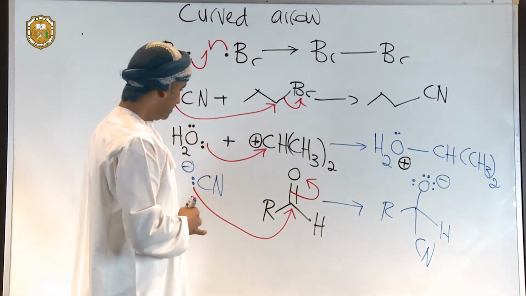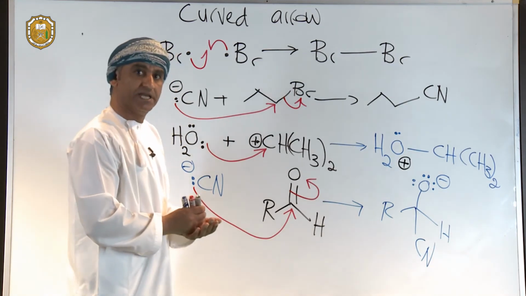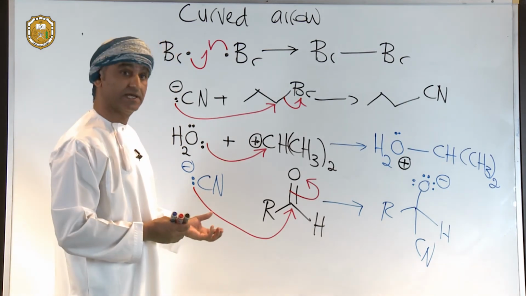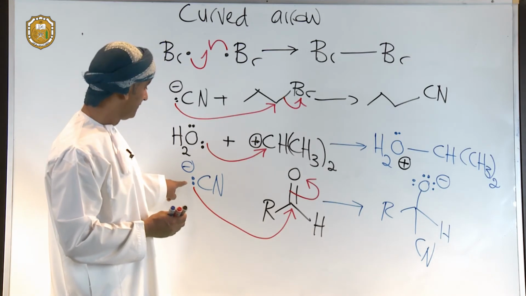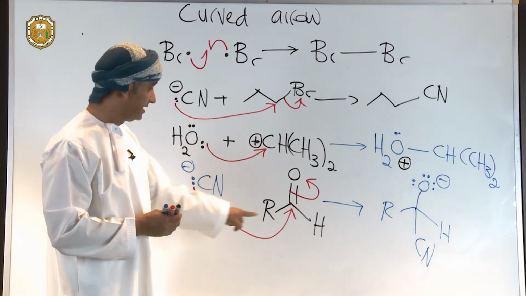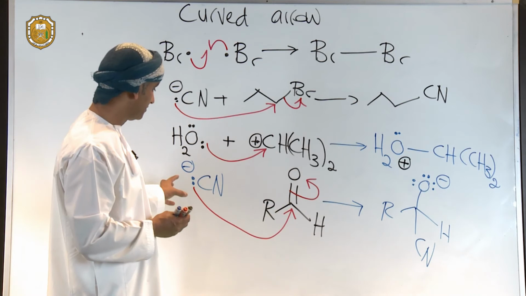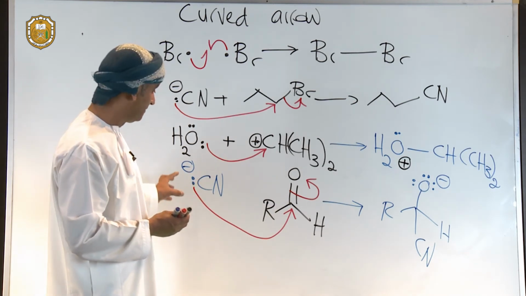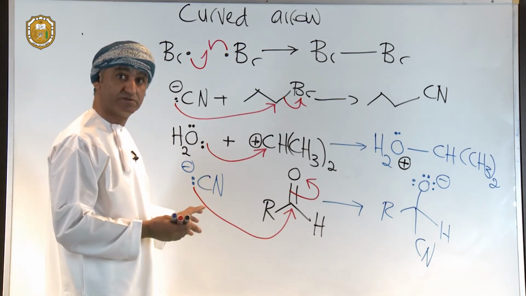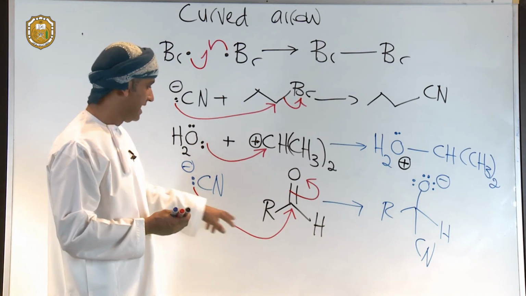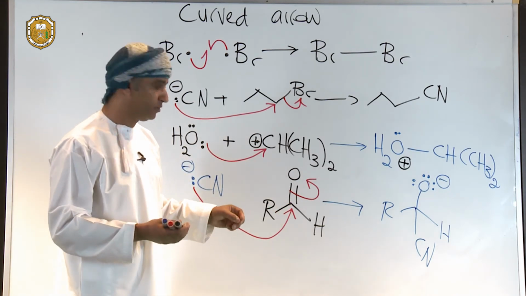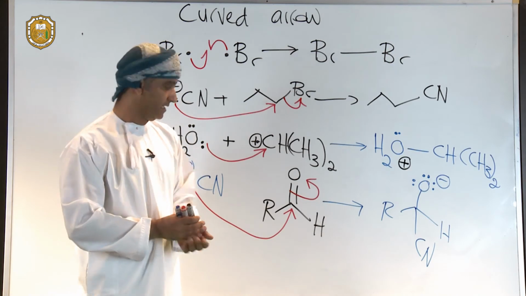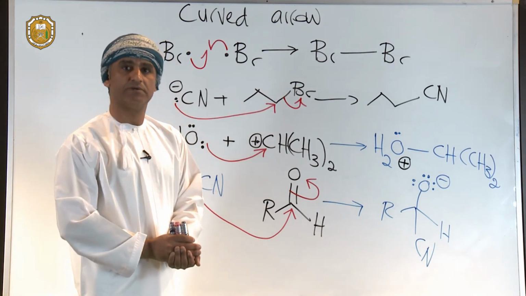Now, if you look carefully at the electron movement indicated by the curly arrows, we moved an arrow from these 2 electrons to the electrophilic site. So this means 2 electrons have now moved. They've been used to make a bond between carbon and that carbon, to make a covalent bond. But we know already that carbon, in this case in the aldehyde, is surrounded by 8 electrons.